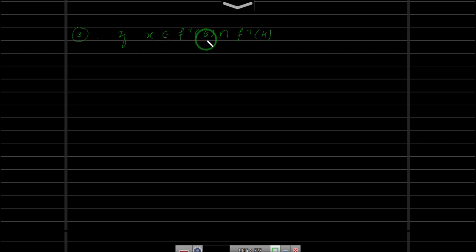If you take a point in the intersection, we will get some contradiction, and that contradiction says there does not exist any point in the intersection and hence the intersection is empty. So since this x belongs to the intersection, this x will be in the inverse image of G, and intersection means this x will be in the inverse image of H. So x is in the inverse image of G as well as in the inverse image of H. So if x belongs to the inverse image of G, this implies that point is mapped to some point in G.